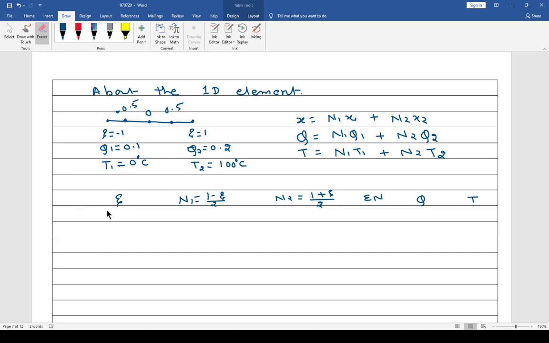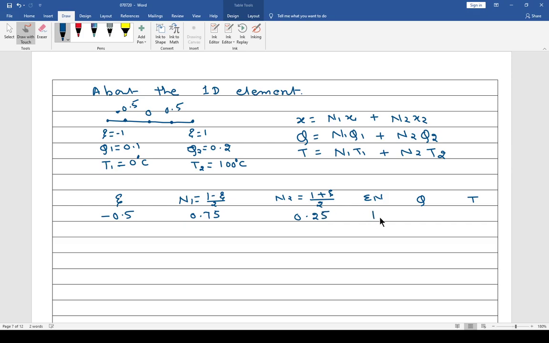Okay, so for minus 0.5, this will be minus 0.5, 1.5 divided by 2, 0.75, and then for 0.5 this is 0.25.